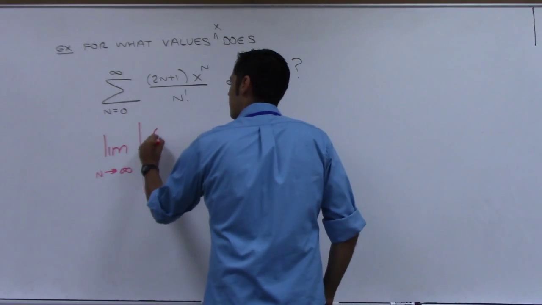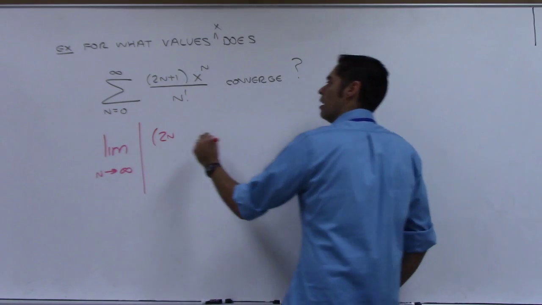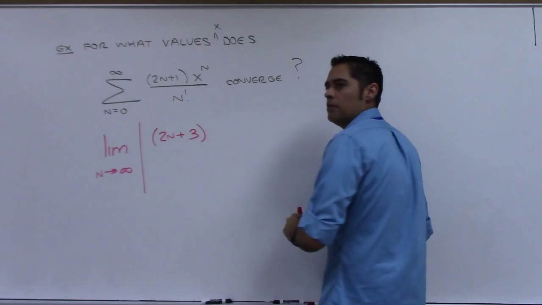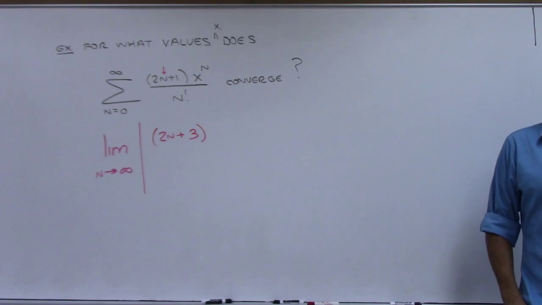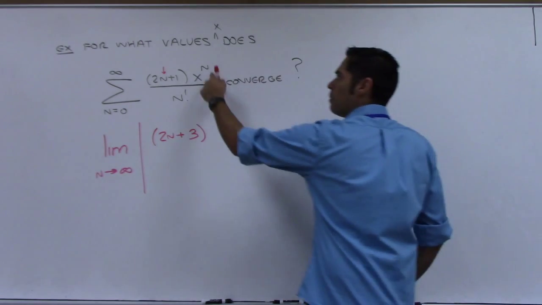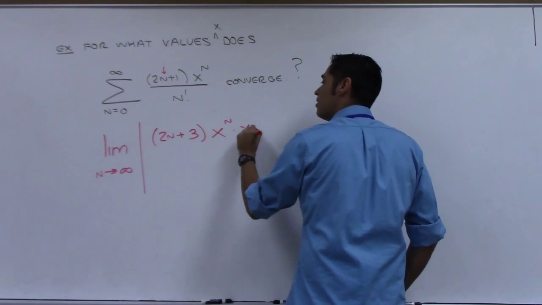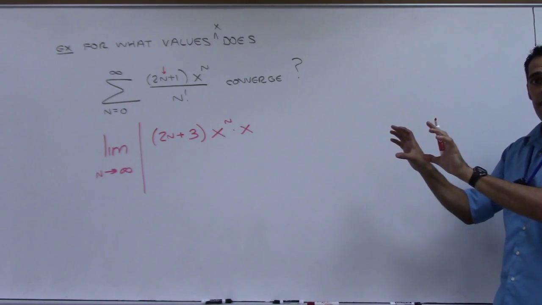It'll be 2n plus 3. So remember, I just replaced that n with n plus 1, distributed the 2 over, added the 1. Then when I replace this power with n plus 1, I can rewrite it as x to the n times x. So that's already splitting it apart. Do you all follow me with that?